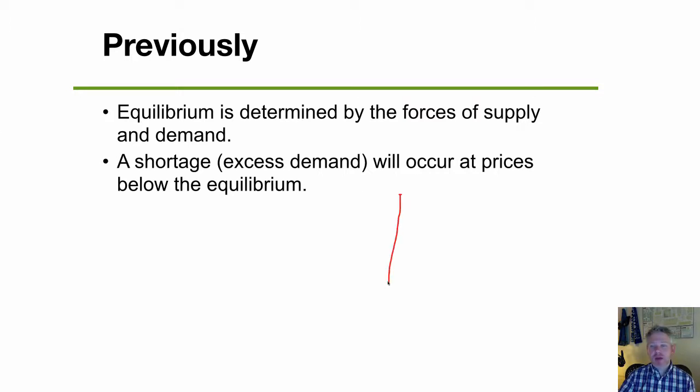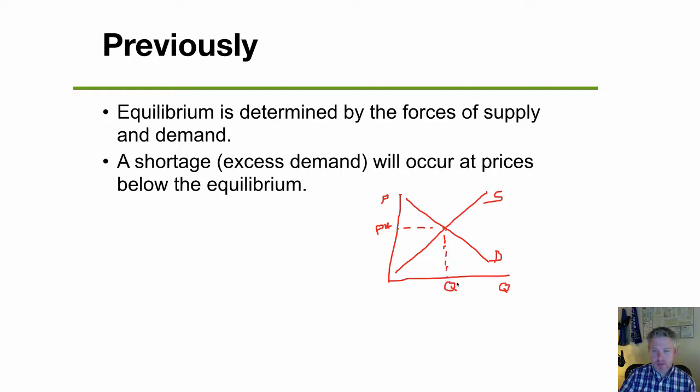So remember, we have our price and quantity, and we have the demand curve, and we have the supply curve. And so this is our equilibrium price, P star, and our equilibrium quantity, Q star. All right.